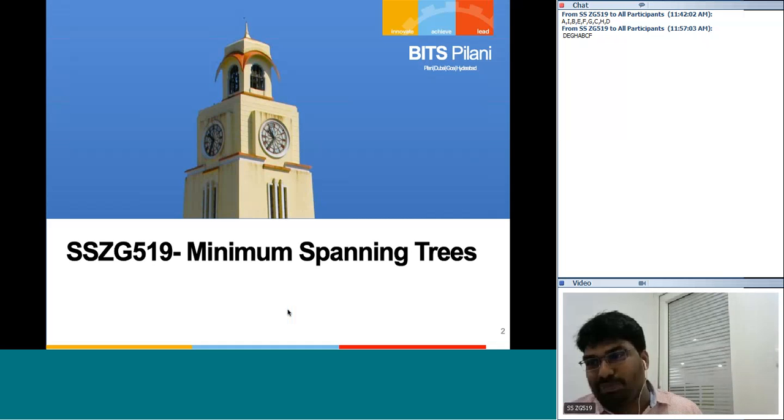Before spanning tree, let me talk about trees. Is everyone comfortable with the tree topic? If nodes are given and a tree is constructed, you will be able to identify which kind of tree. Now, can I say tree is a subset of graph? You agreed that tree is always a subset of graph.